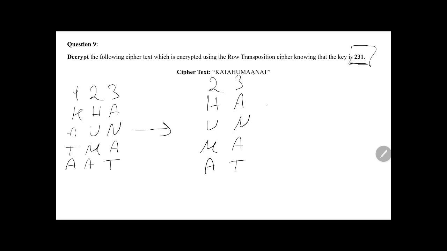Then I will take the first one and put it here, which is K A T A. Now let's start reading the same way we wrote the letters in the encryption, which is row by row. As you can see, HAKUNA MATATA. Easy peasy.